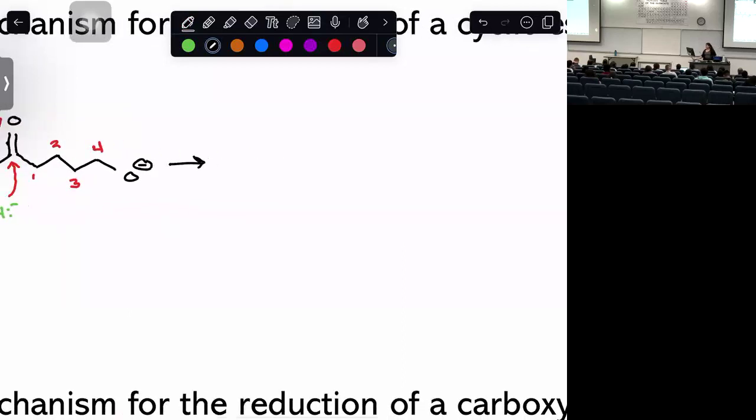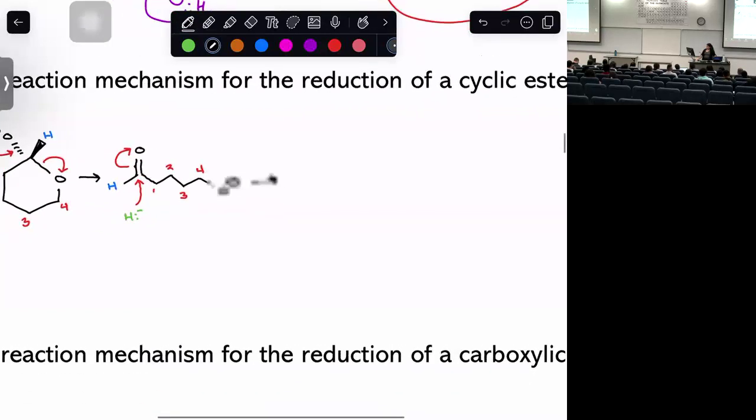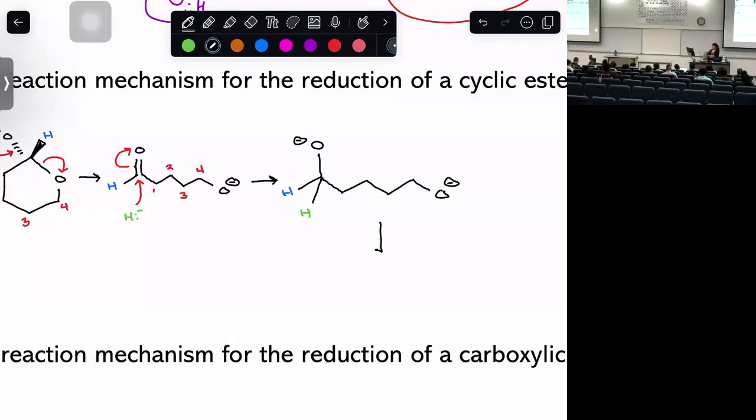Everything is just pure single bonds. That's my hydrogen from the second attack. That one's from the first one. Oxygen minus, and also on the byproduct. And now we just have to neutralize everything with H3O plus, the solvent that we were given.